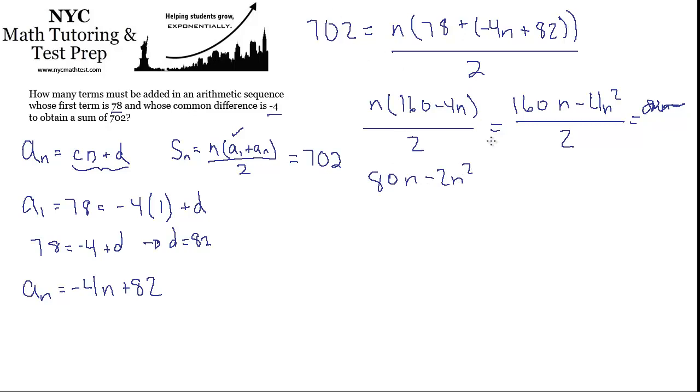And this is equal to 702. Sorry, I haven't been writing that the whole way along. But now it looks like we have a quadratic equation on our hands, right?